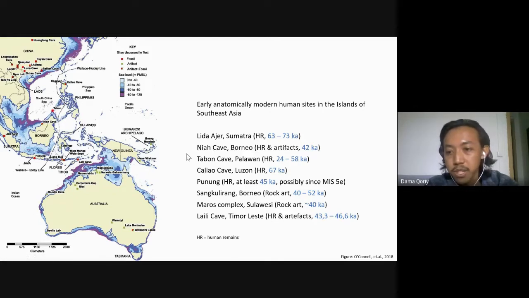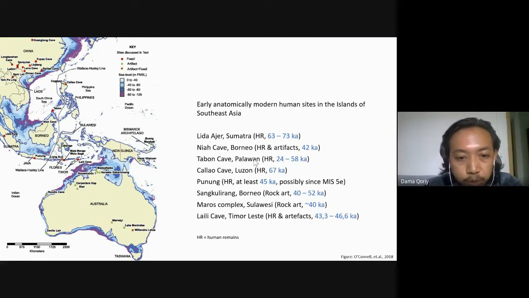Several data were used to identify the presence of the human, as well as to determine the chronology. Some present human remains which have been clearly identified as Homo sapiens, but others were identified as a different species, like, for example, Homo luzonensis from the Callao Cave, and some other sites are just represented by artifacts or by rock arts that will be explained in detail by my colleagues.